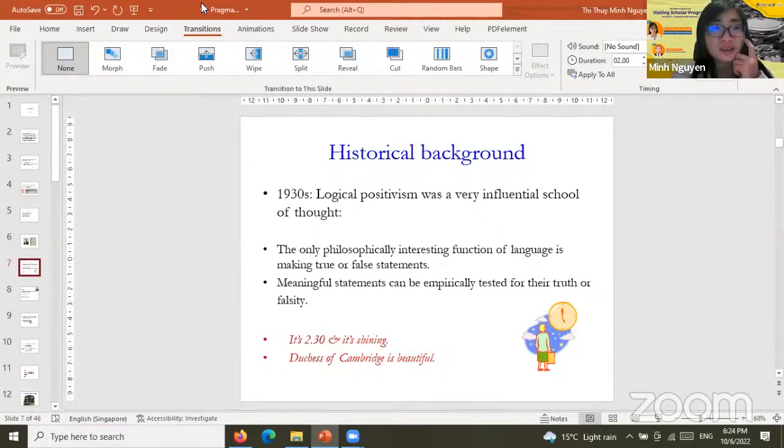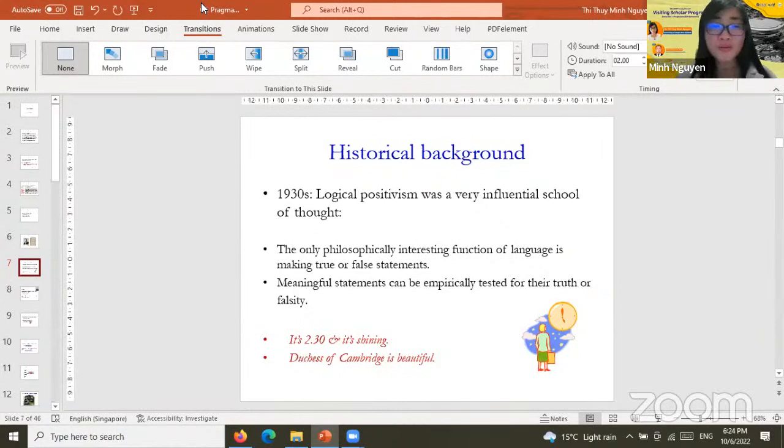Austin's initial idea about speech acts was motivated by the limitations that were found with logical positivism, a school of thought that was very influential in the 1930s, so a long time ago.